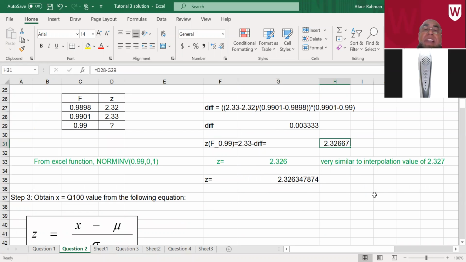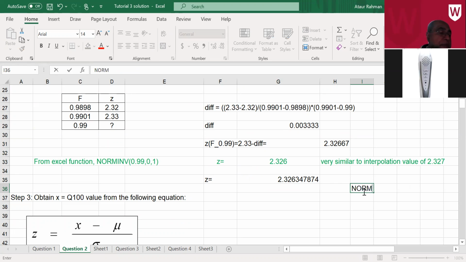But we can use the Excel function as well. To use it from Excel, we have to use the function called NORMINV, and the first term would be the probability that we are looking for, which is 0.99, the F value, and the limit of the probability is 0 to 1.